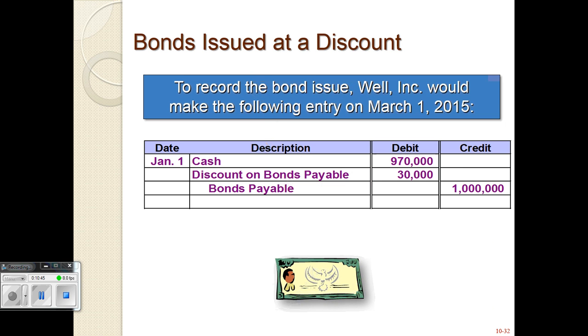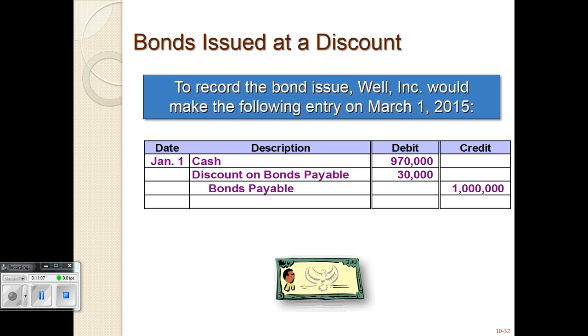So when we do our journal entry for this bond, we're still going to have bonds payable of $1 million, but we only collected cash for 970 grand. So that other 30 grand is going to be a discount on the bond payable. And we're going to amortize that over its useful life.